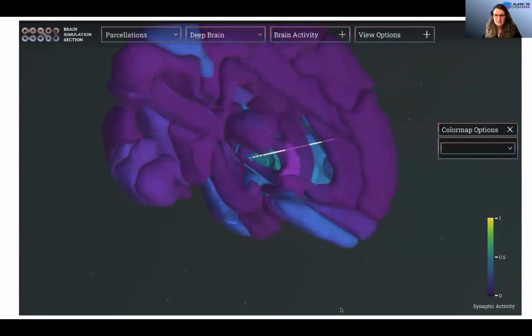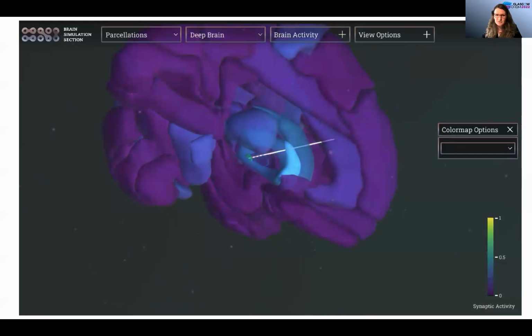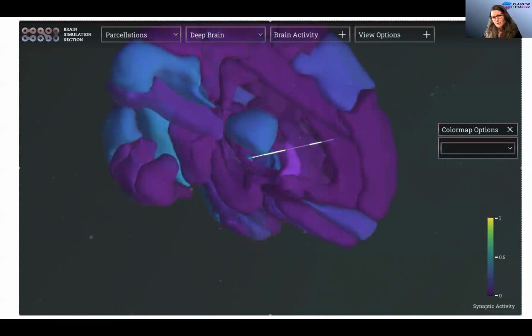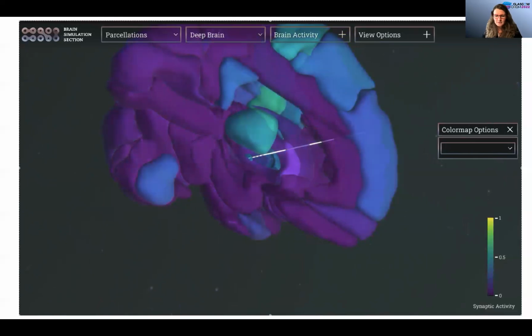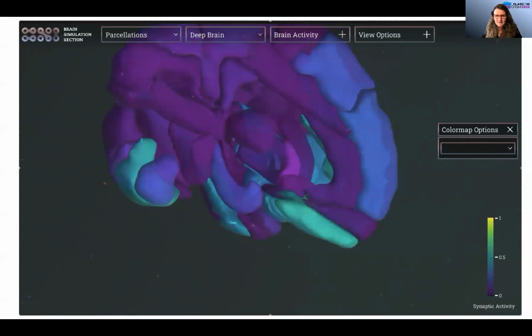Now the electrode is placed, and you can see that the colors keep on changing, also in regions much further away. This is the firing activity of those regions. So you can see with this continuous stimulus here that it travels and influences the dynamics of the whole brain. Credit goes to our media artists who made this nice video of the results of this study.